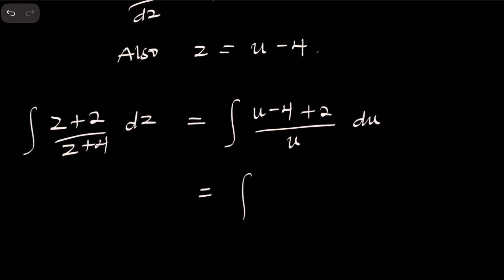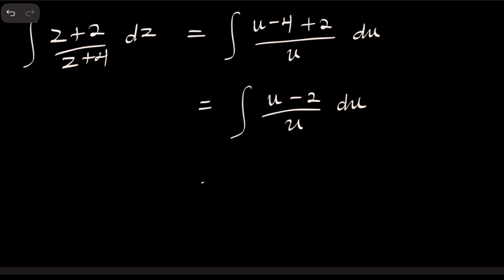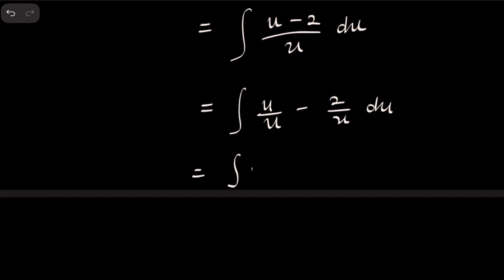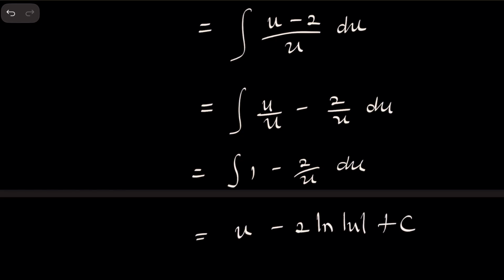Now let's simplify. So you're going to have the integral of (u - 2)/u du. Thus we have the integral of (1 - 2/u) du. Hence, our integral is given as u - 2 ln|u| plus a constant, say c2.